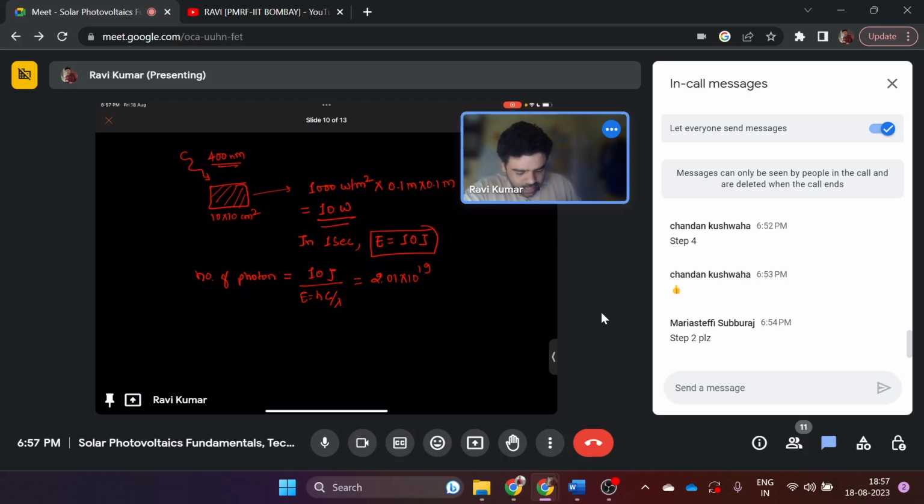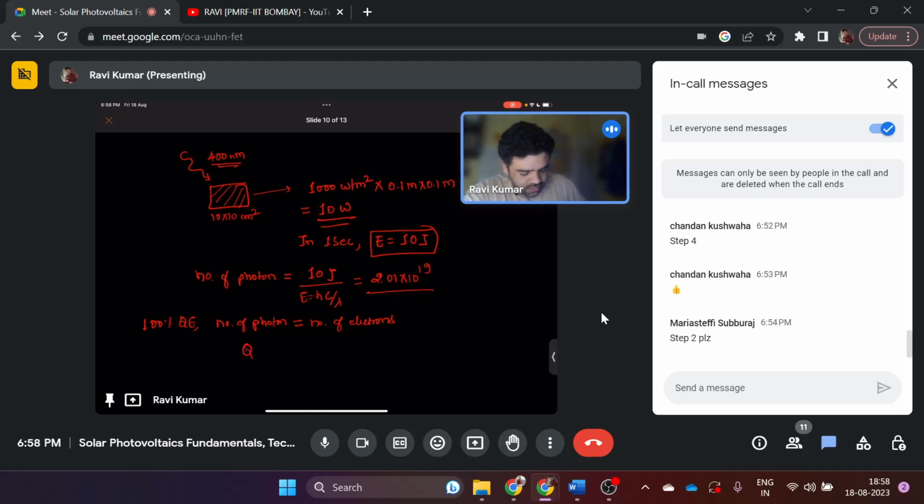Now I said 100% quantum efficiency. So the number of photons will be equal to the number of electrons. So this much will be the number of electrons as well.